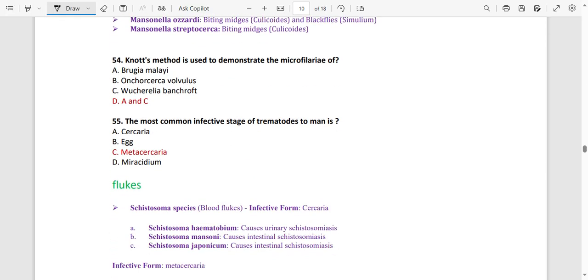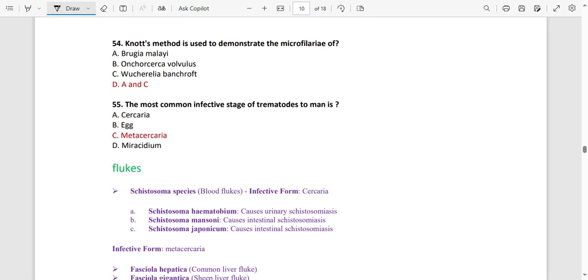Knott's method is used to demonstrate the microfilariae of Brugia and Wuchereria. I've tried to look up the Knott's method, but the only thing I was saying is that you're going to use it for some lymphatic filariae, some filarial worms, specifically Brugia malayi and Wuchereria.